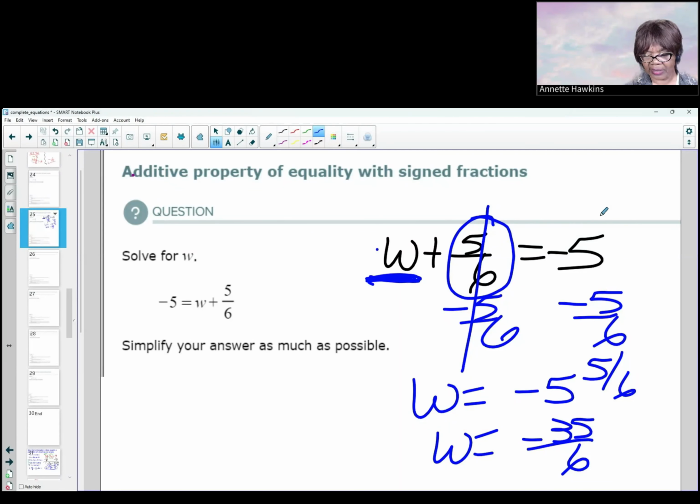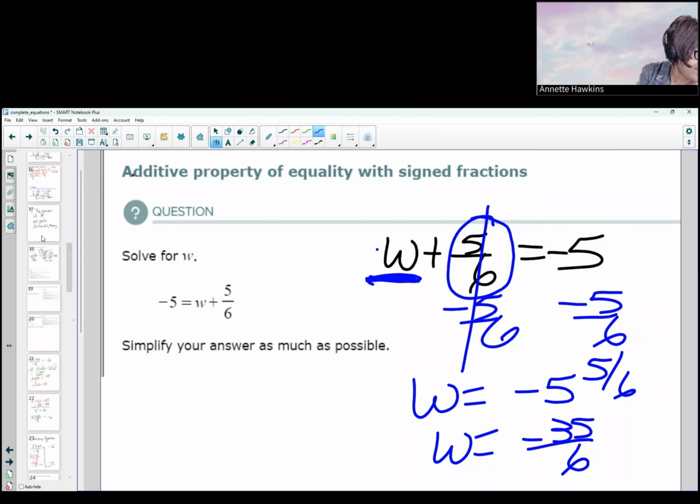All right, so let's see what we've talked about. We talked about solving an equation. We found out that we can get one of 3 answers. We can get a solution, and it's called a conditional or consistent equation. Let me see, can I find my chart?